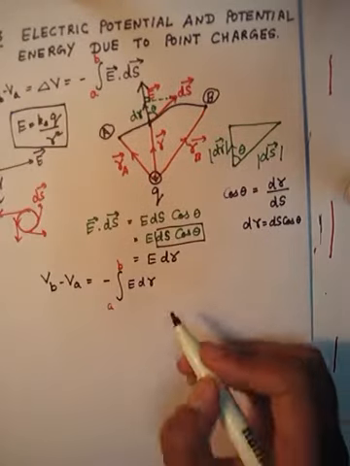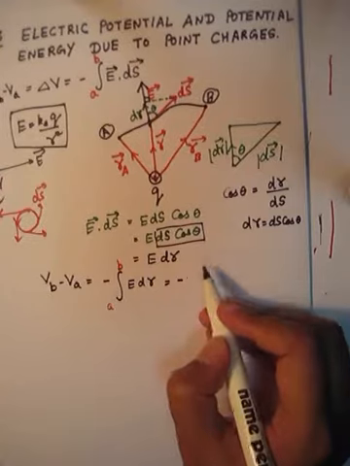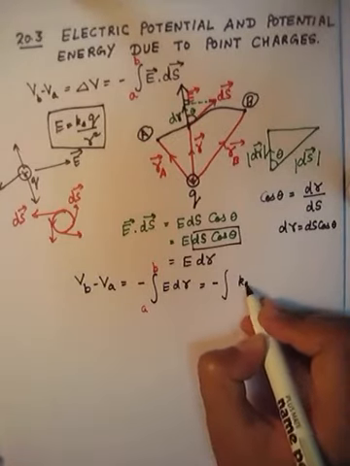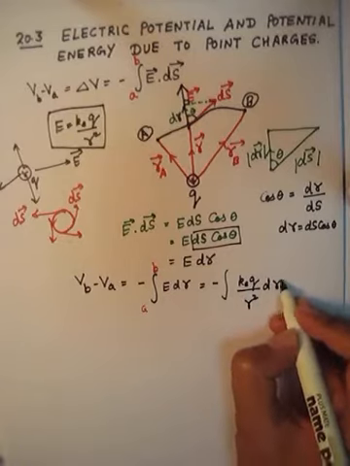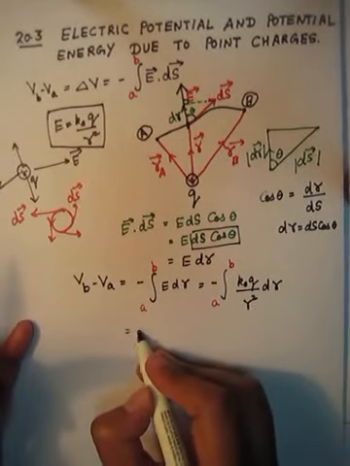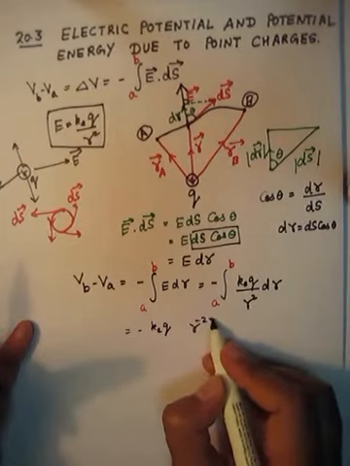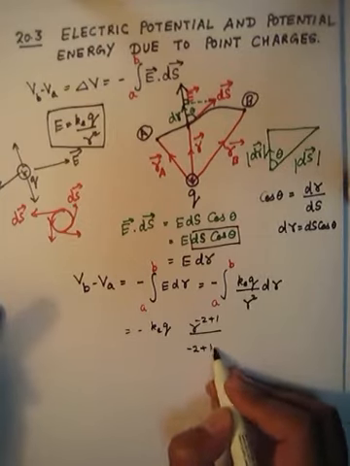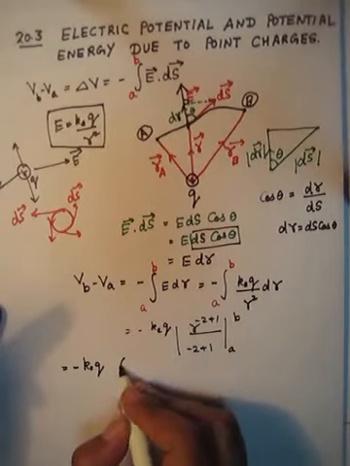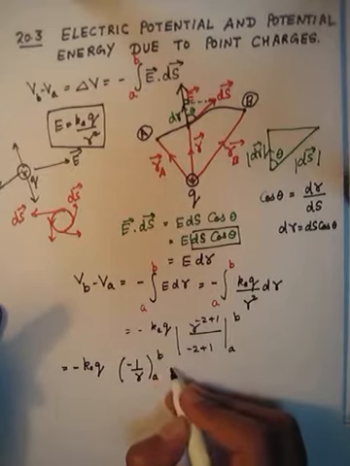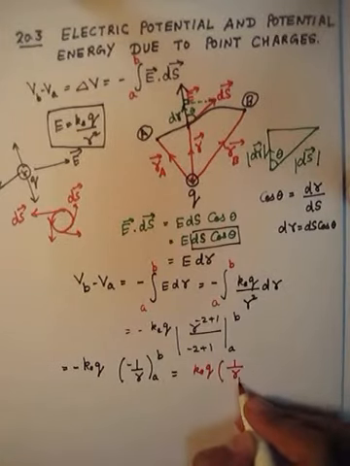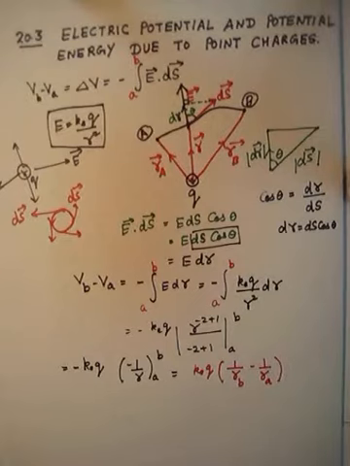Let us use this expression here. It will be minus the integral of KQ upon R square dr, integrating from A to B. This integration turns out to be R to the power minus 2 plus 1 divided by minus 2 plus 1, from A to B. So it will be minus KQ times minus 1 upon R, evaluated from A to B, which could also be written as KQ times (1 upon RB minus 1 upon RA).